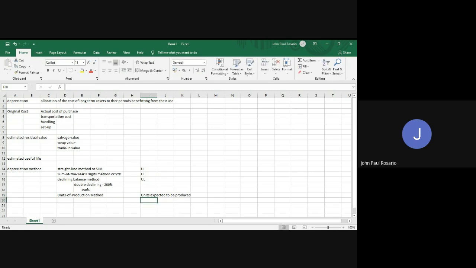Now, is salvage value considered in computing the annual depreciation expense?